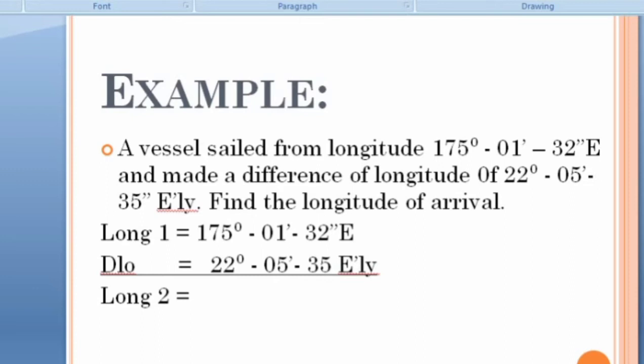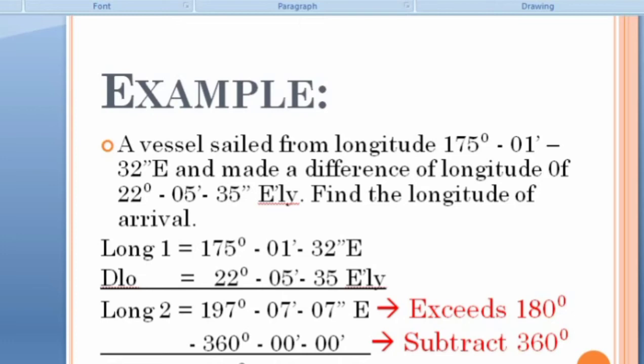So in this case, we are going to add this one first. We are going to add the value of difference of longitude to the value of longitude of origin or longitude from, and then we are going to subtract the answer from 360 degrees in order for us to determine the longitude of arrival.